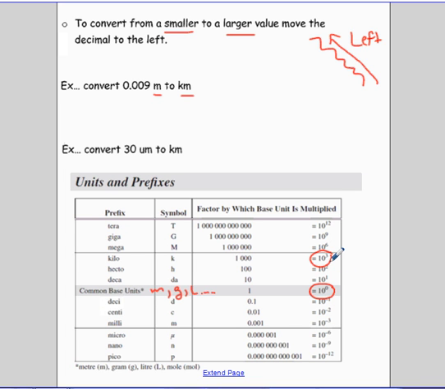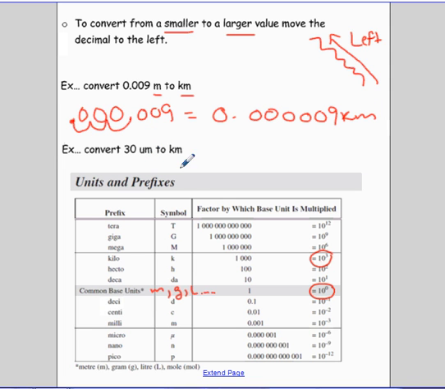From 0 to 3 is 3 steps. This time we're moving to the left. Here's my decimal. 0.009, move our decimal place 1, 2, 3 spaces to the left, fill those in with zeros, and this is equal to 0.000009 kilometers.